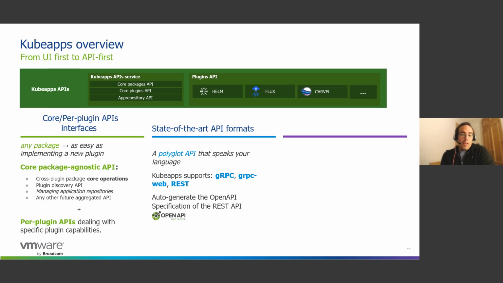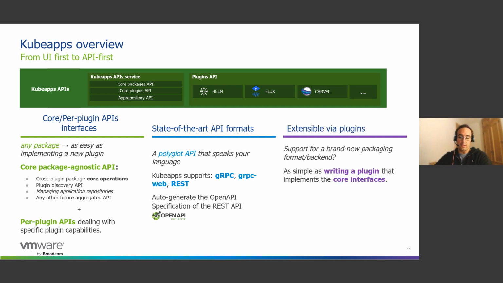Kubeapps API is a polyglot API supporting gRPC, gRPC web, that is what we consume from the dashboard, and REST protocol. It's also using the OpenAPI specification. And it is an API that is extensible via plugins.